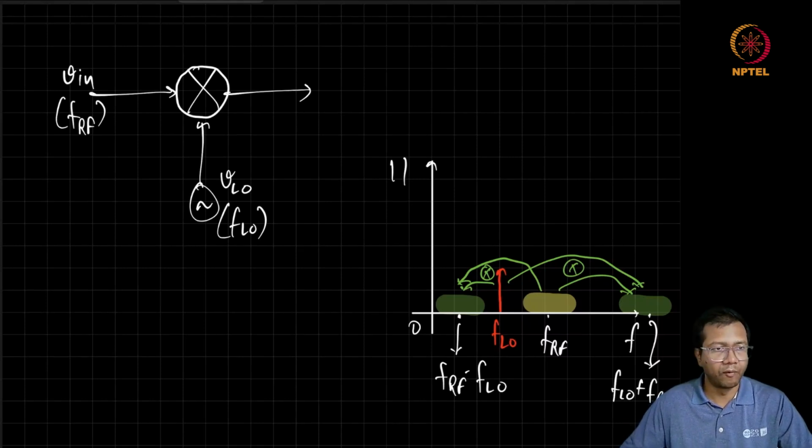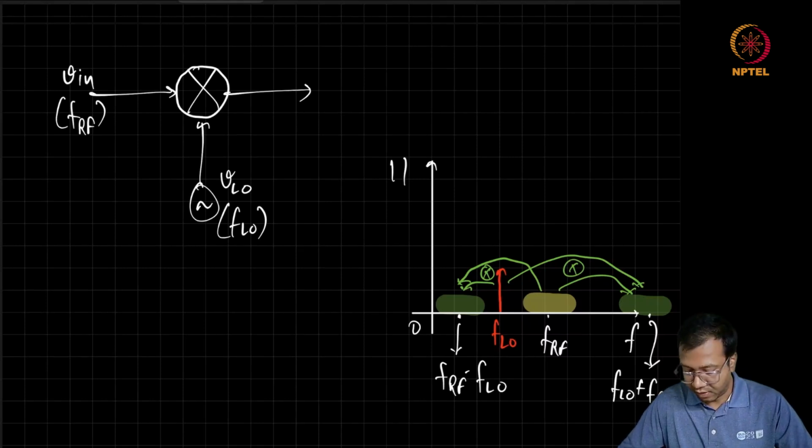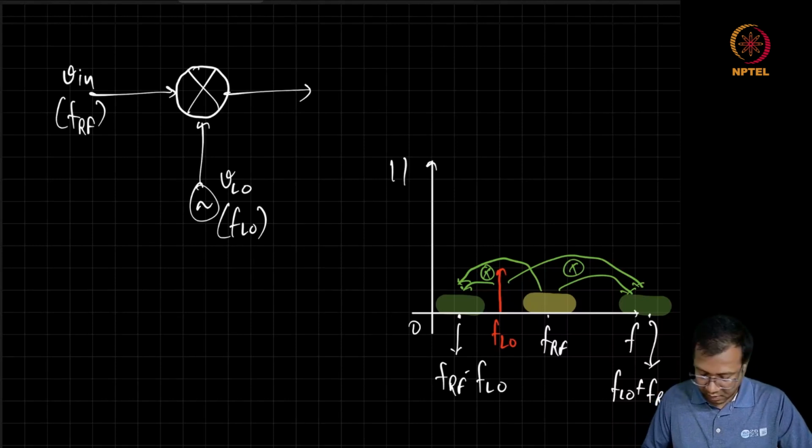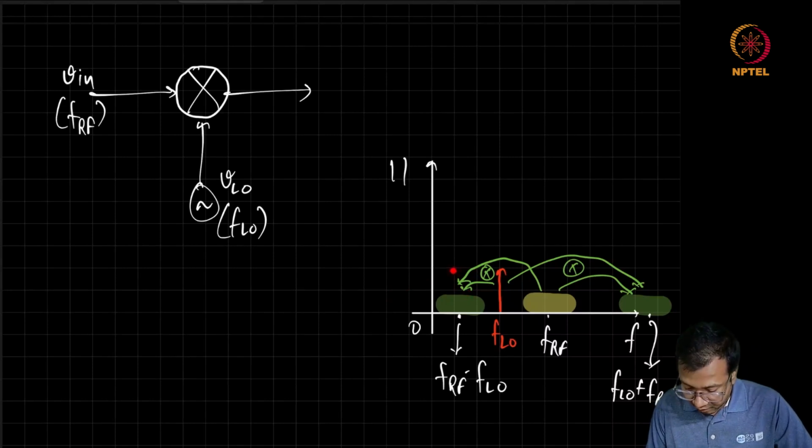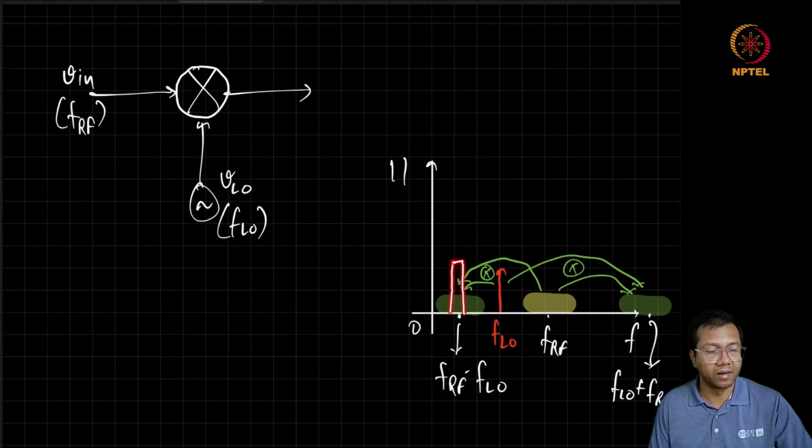Now in this scenario, if you want to do channel selection, we can put a fixed filter which will select one of the required channels, let's say, this lower frequency. Once we put a filter here, automatically this higher frequency component which is generated out of this mixing operation will be filtered out.